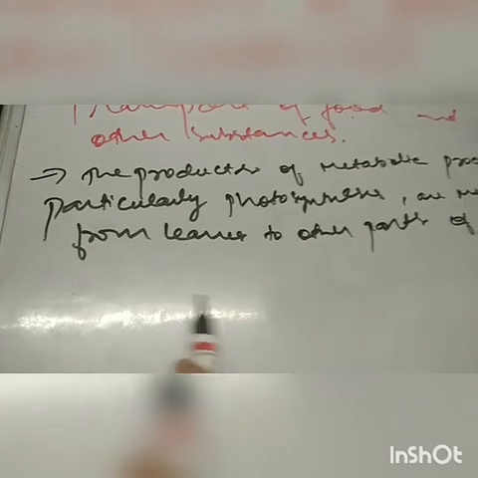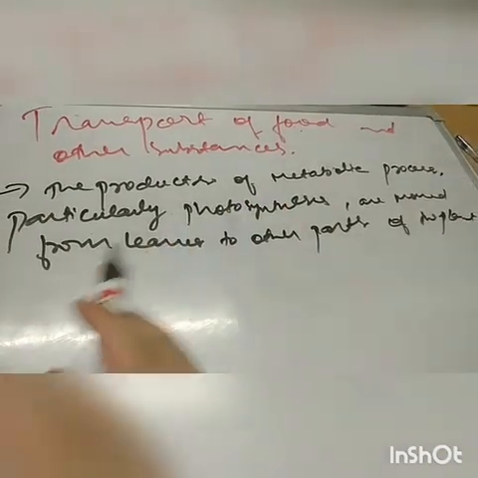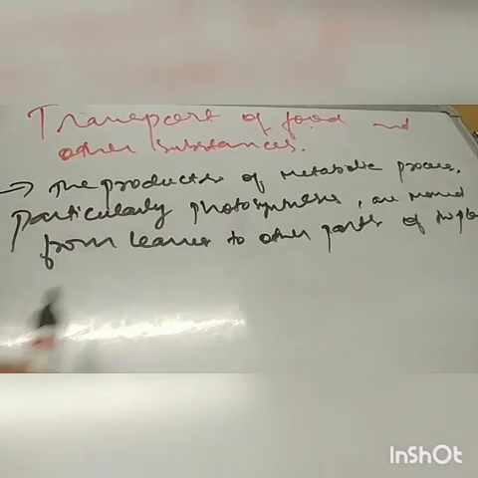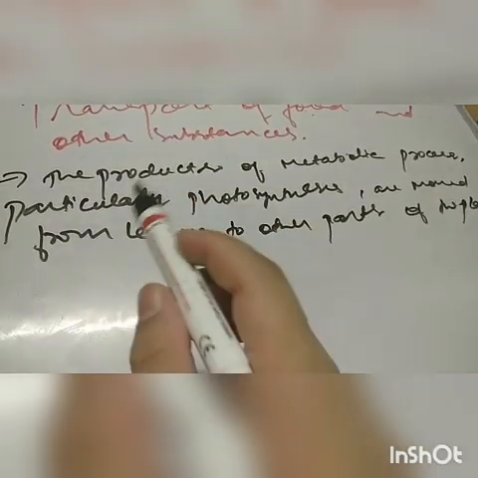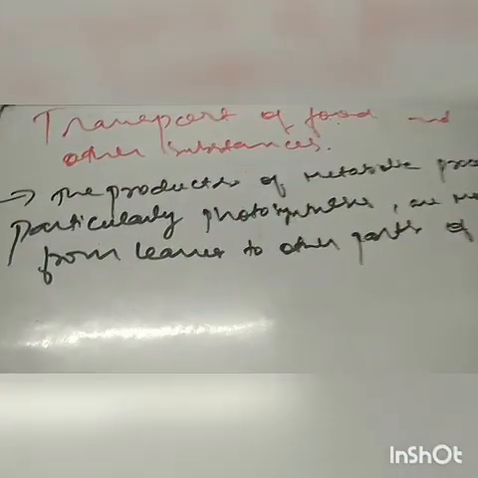I hope you are clear with this meaning. In photosynthesis there is making of glucose. Photosynthesis takes place in the leaf, so this product, which is glucose, is moved to every part of the plant. Right.